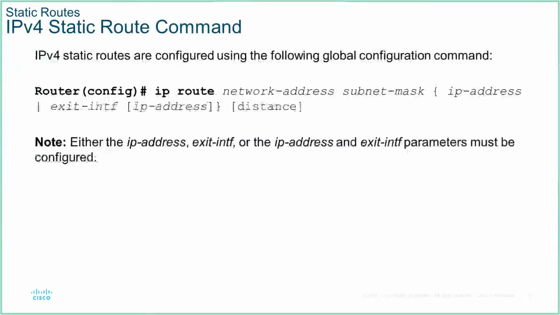So what we can do with the distance is say what the priority is to use this route. So within the distance value, we tell it the order that it will make use of this route that we've just entered.